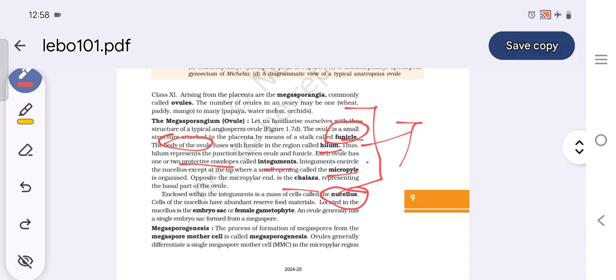Nucellus, as I said, has food material, so it is the nourishing layer, and within this nucellus you have the embryo sac or the female gametophyte. What is a gametophyte? Gametophytes are the structures inside which the gametes are formed. Since it is called a female gametophyte, the female gamete cells are formed within this female gametophyte. So what is a female gametophyte? It is called the embryo sac.